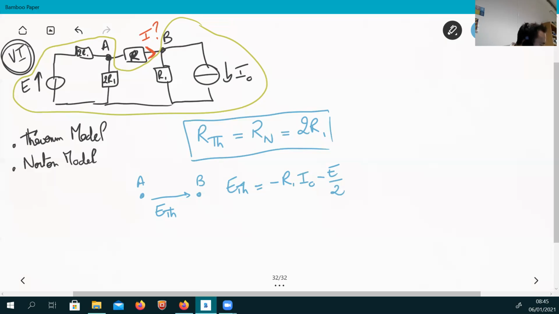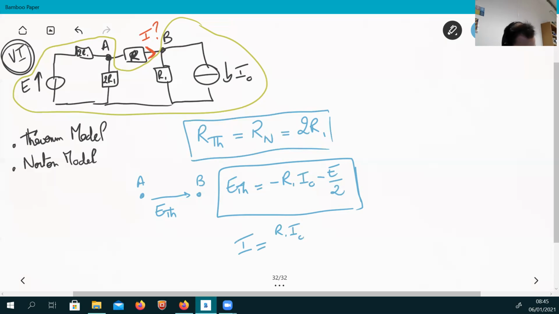But what is important at the very end is to find back the current I, and the direction of this current is already fixed, and you should find back the result of the current that we already found. Which is this.